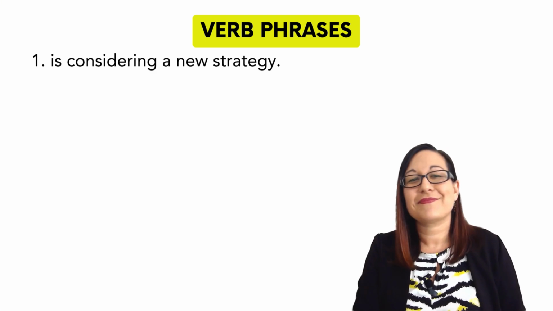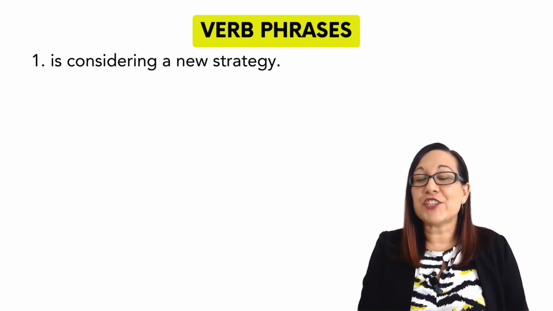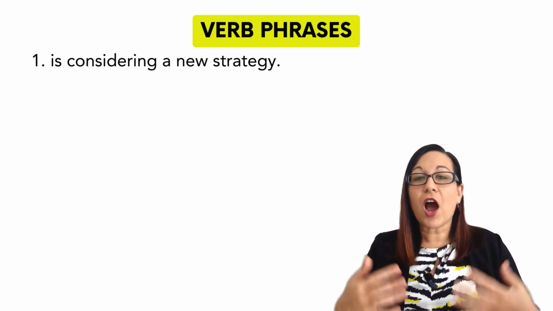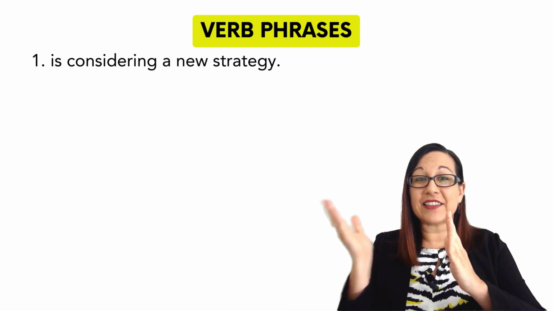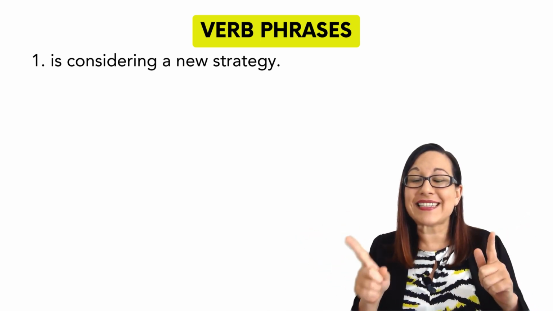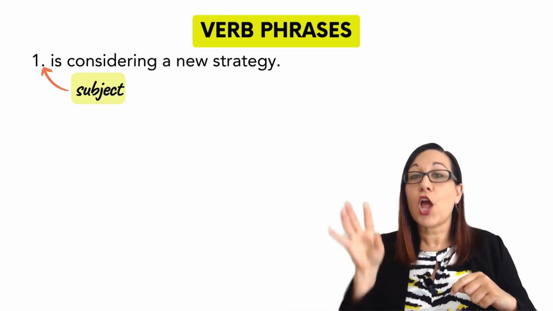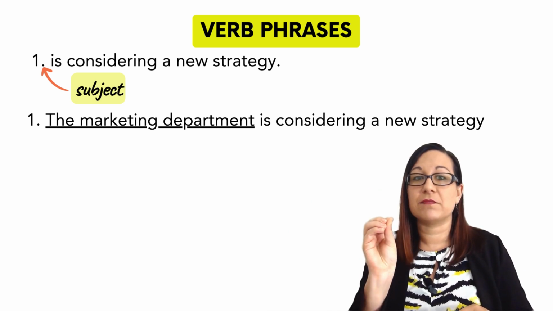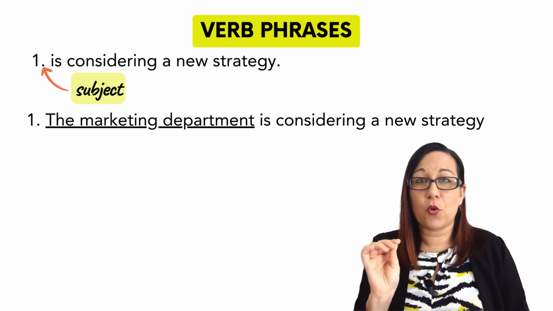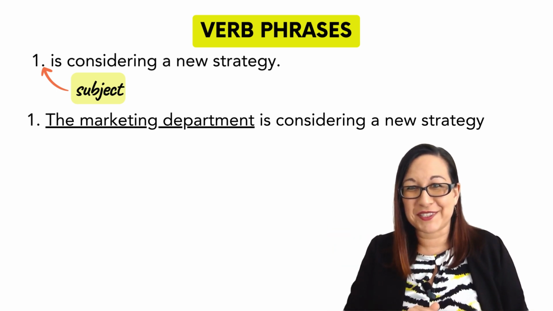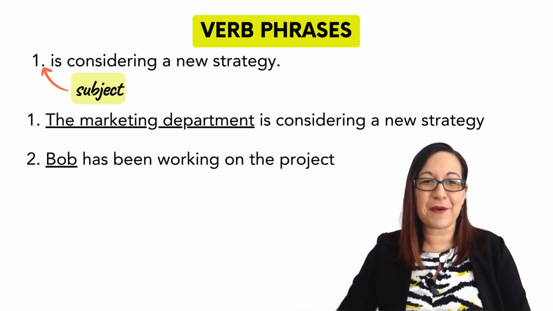So let's take a look at mine because I went for the easy option. Is considering a new strategy? Well, I identified that we've already got the verb and the object, so I just needed to add a subject. The marketing department is considering a new strategy. Or in example number 2, Bob, thanks Bob.